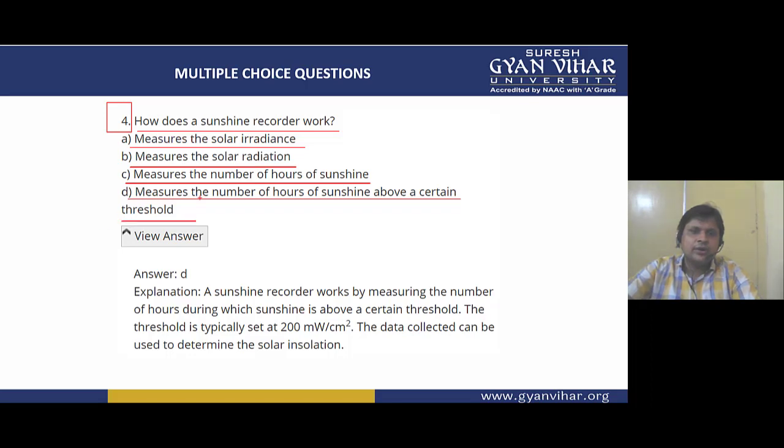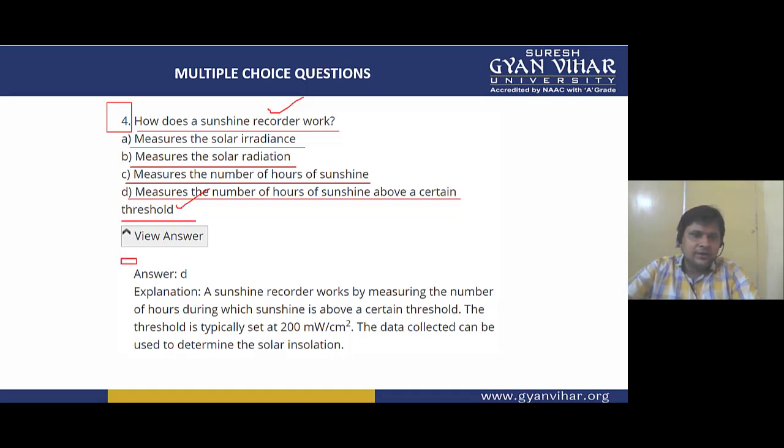So here it is talking about the sunshine recorder. Alright, how does it work? As we have discussed, it measures the number of sunshine hours, and among the options C and D, both give this, but the D option also adds one extra line, that it gives the number of hours of sunshine above a certain threshold. So this is the most appropriate answer among C and D.